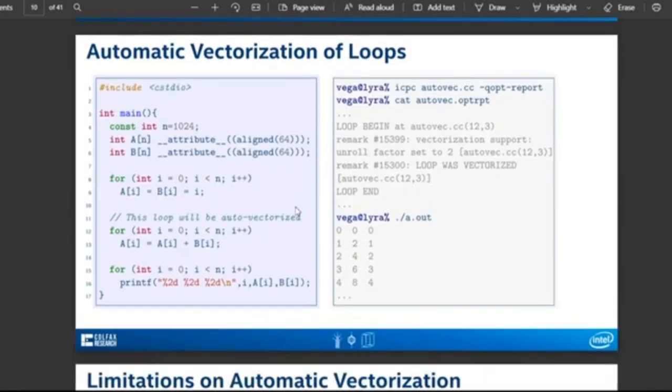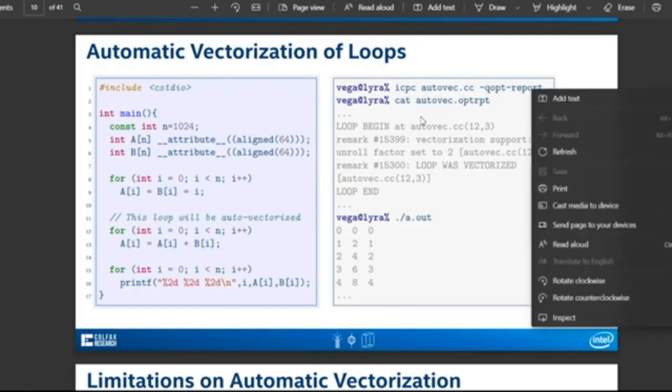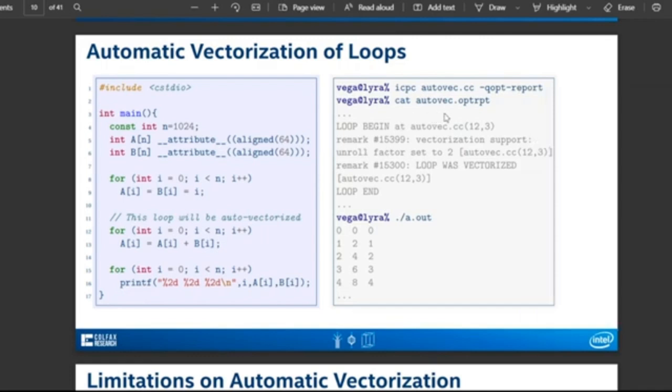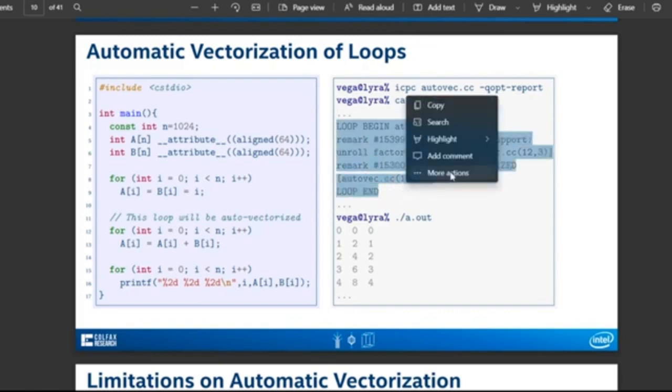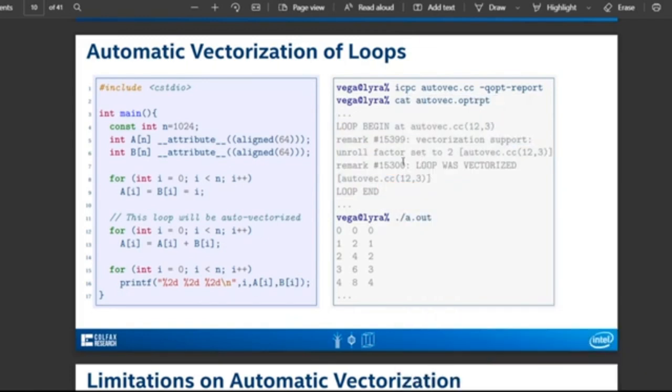So let's talk about automatic vectorization. If we use the Intel compiler, which is the Intel C++ compiler, the HPC compiler, and we put this little tag at the end, qopt-report, we'll get an autovec opt report come out, and that will show us, yes, this loop has been vectorized.